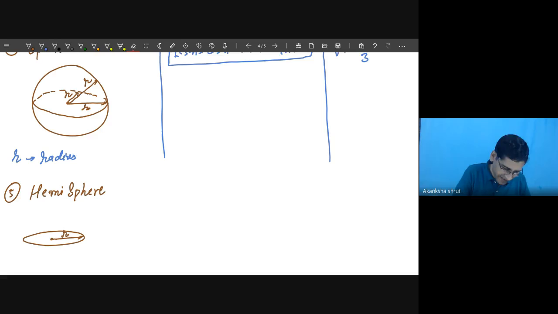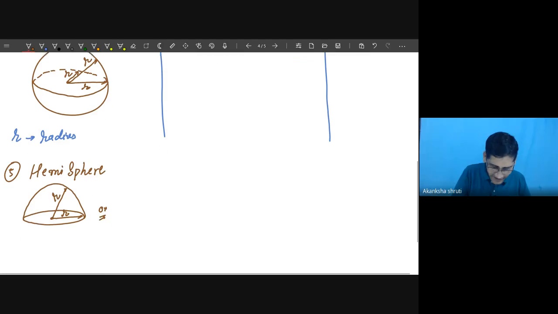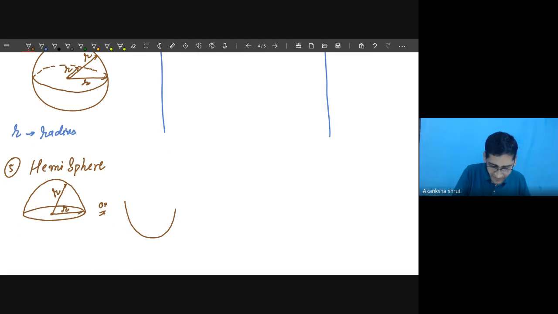So this one will remain as it is. This is also your r. This way we can represent it, or even if you represent it like this, it's also okay. This is our r. This one is also our r.